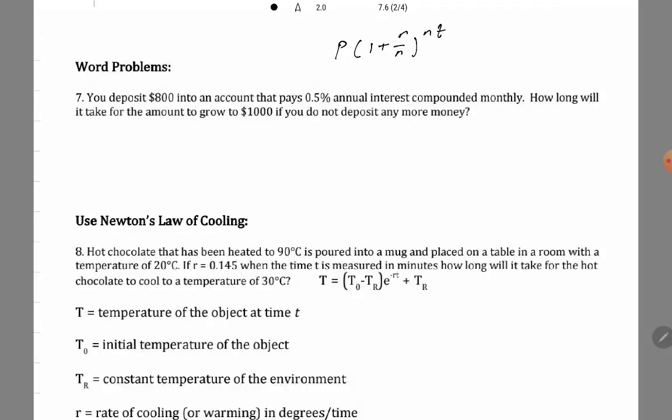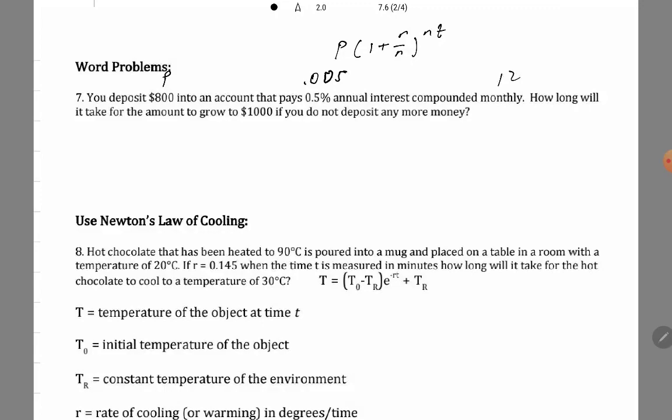So deposit $800, that's P. R is 0.005, two decimal places. And then monthly means n is 12.